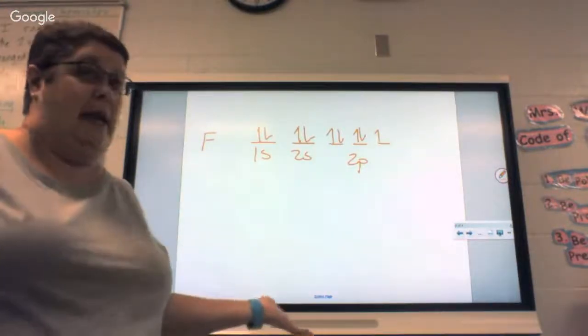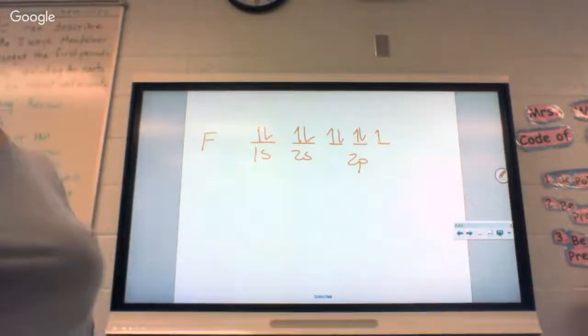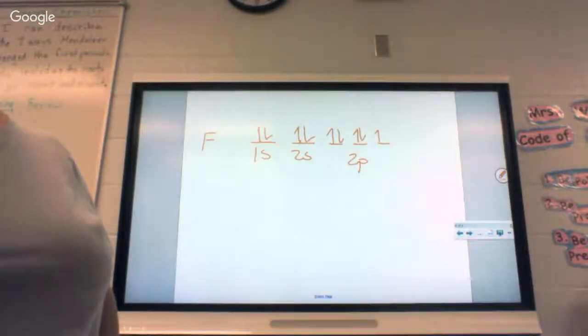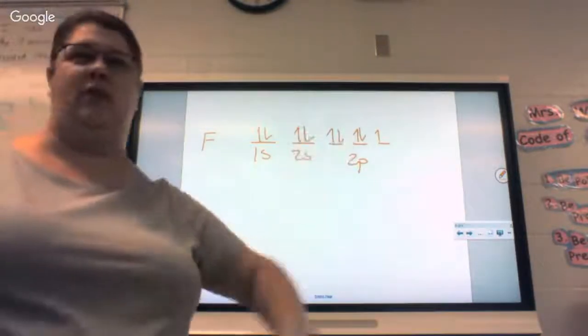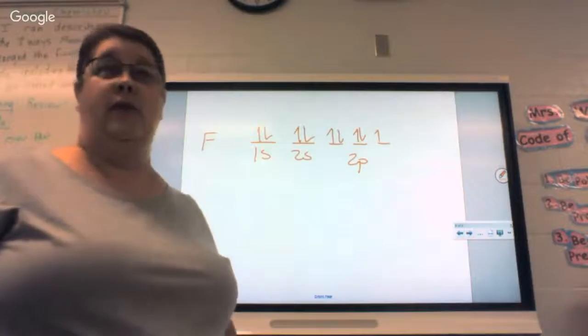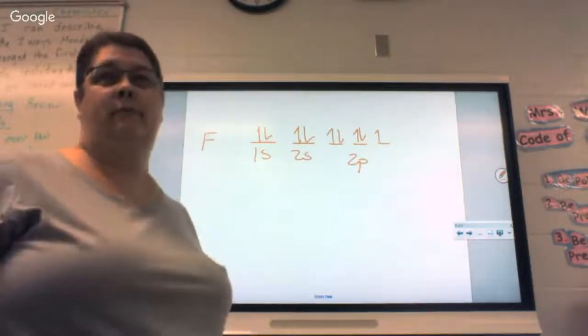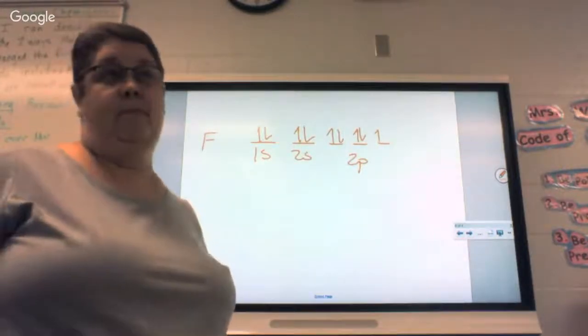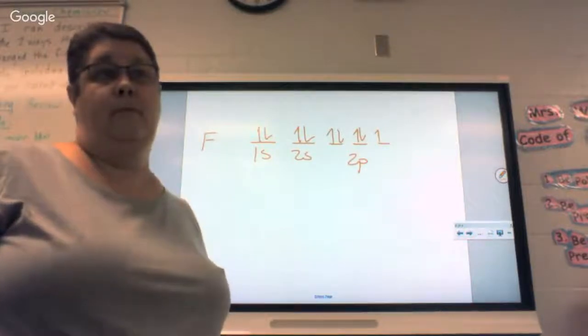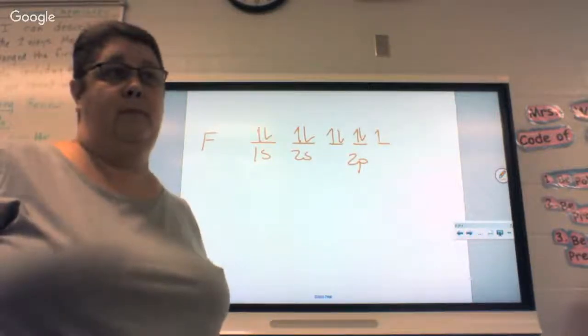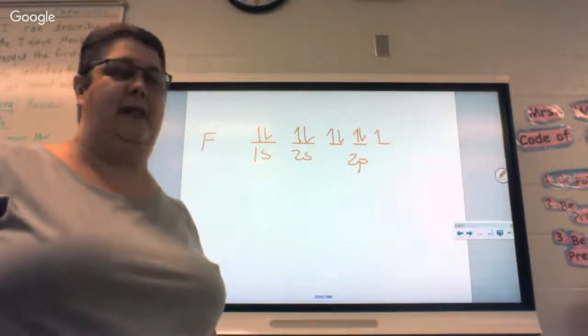All 5 contain electrons. Yes, ma'am. How many contain? You wouldn't count the ones that are empty. Okay? It says the number of orbitals containing electrons. Yes, because they contain electrons.